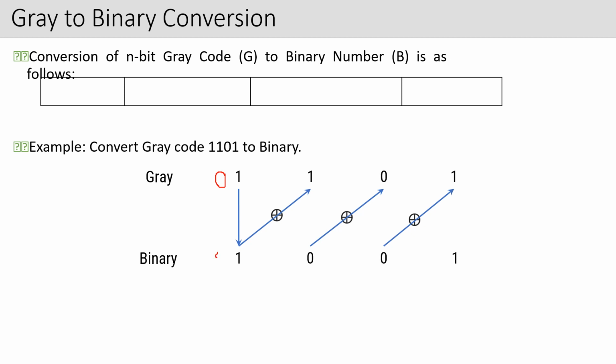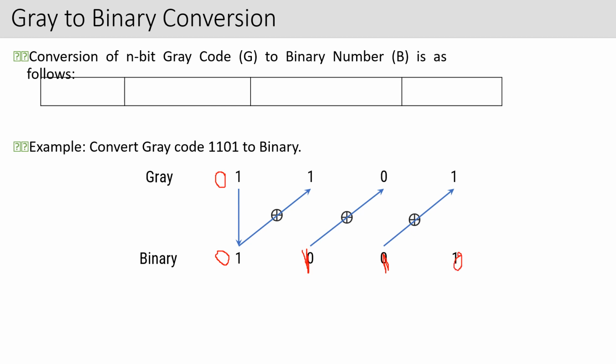Then 0 1, it is 1. Here it would have been 1. Then 1 0, it would have been 1. And 1 1, it would have been 0.